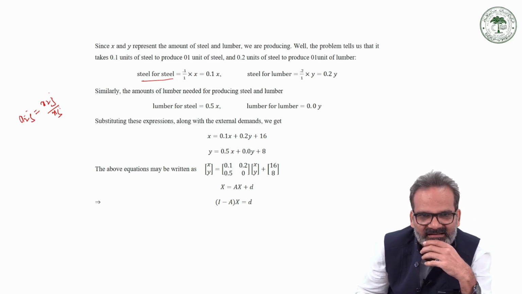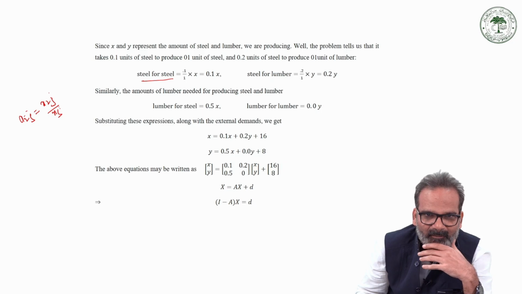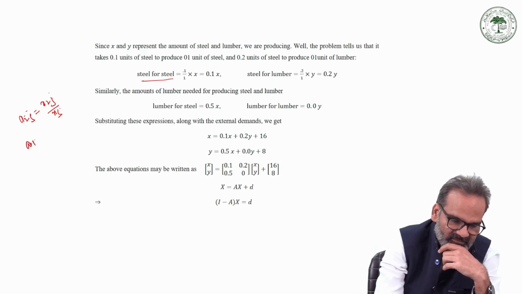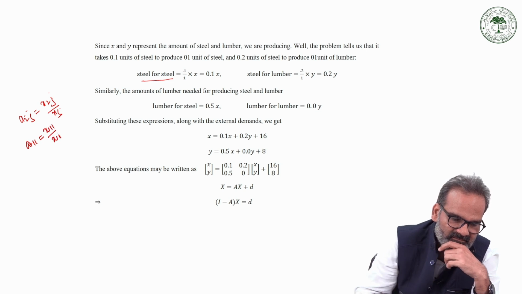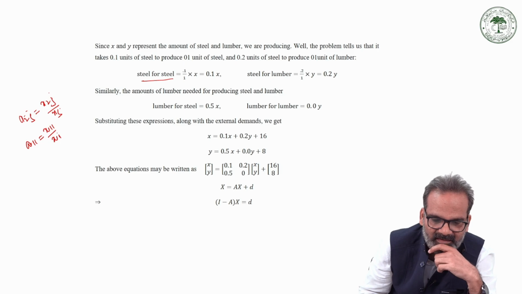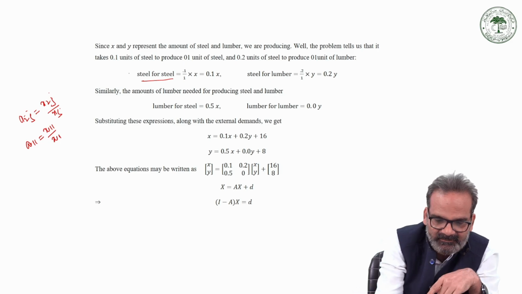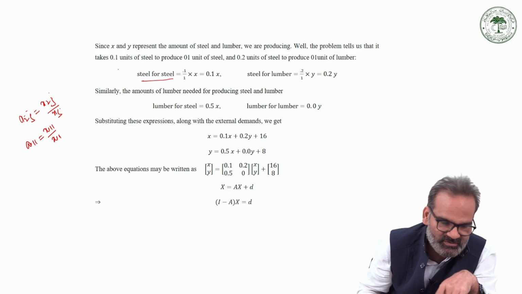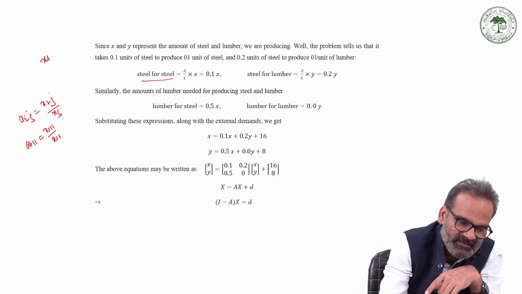Steel for steel, 0.1 upon 1 into X. See, A11 will be what? X11 divided by X1. So what is X1? It is given that 0.1 unit of steel is required to produce 1 unit of steel. Here X1 is equal to 1 unit, right?